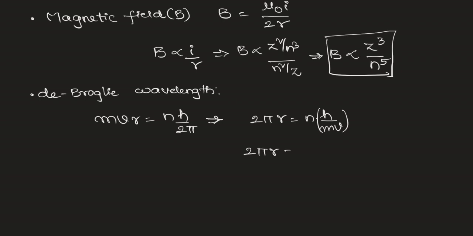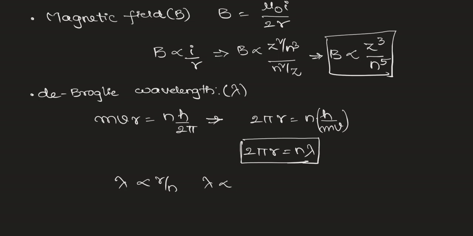So 2 pi r is equal to n lambda. We can write that first postulate even in terms of de Broglie wavelength like this. So lambda is proportional to r by n. Lambda is proportional to r, which is n square by z, divided by n. So n gets cancelled, and lambda is proportional to n by z.